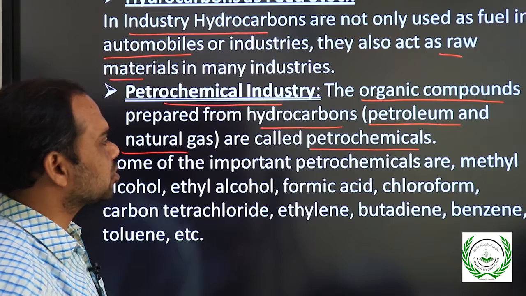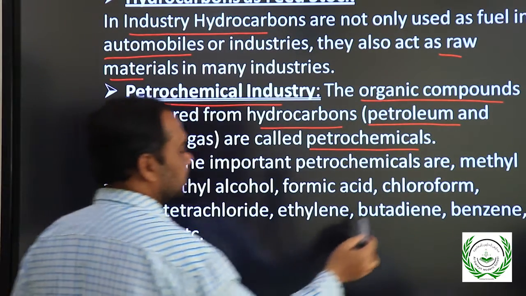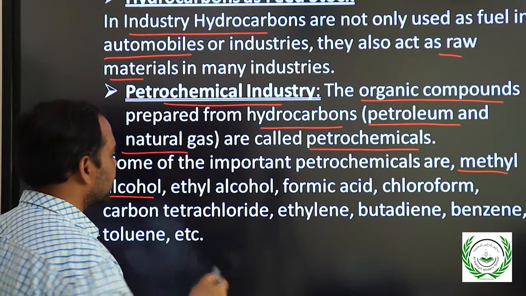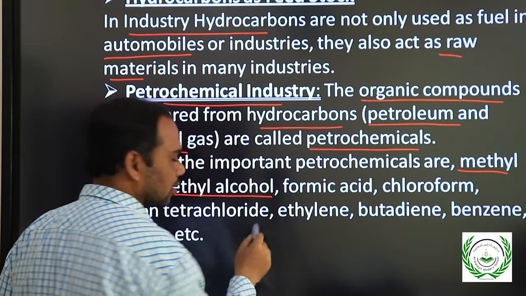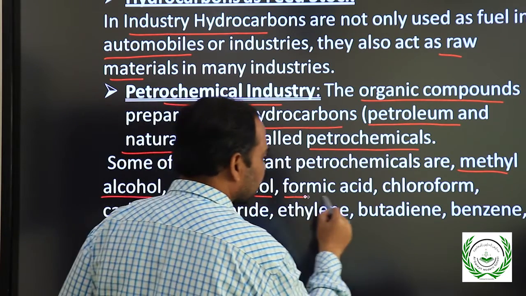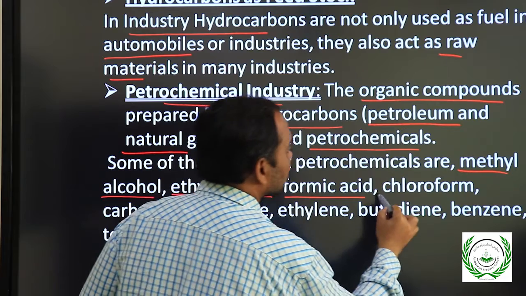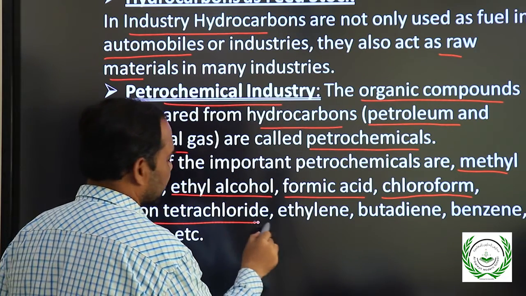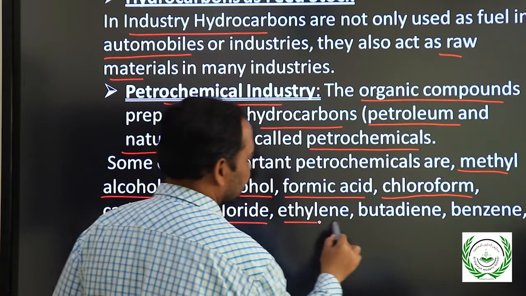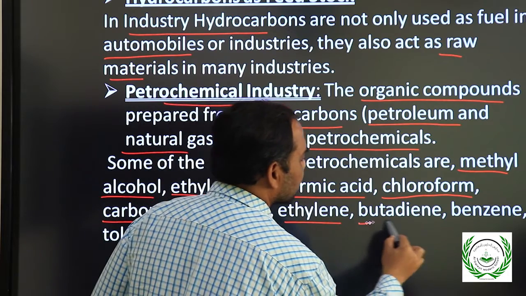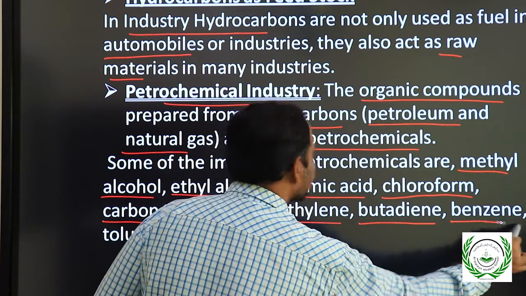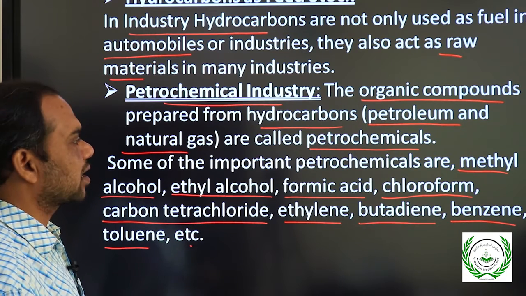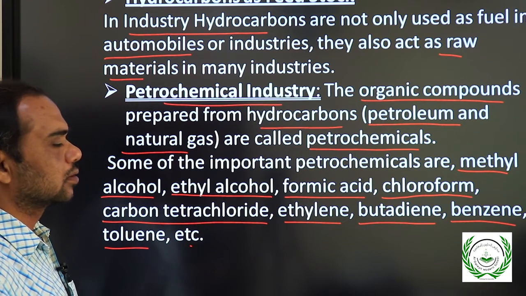Some important petrochemicals: methyl alcohol, ethyl alcohol, formic acid, chloroform, carbon tetrachloride, ethylene, butadiene, benzene, toluene, etc. These all are organic compounds.